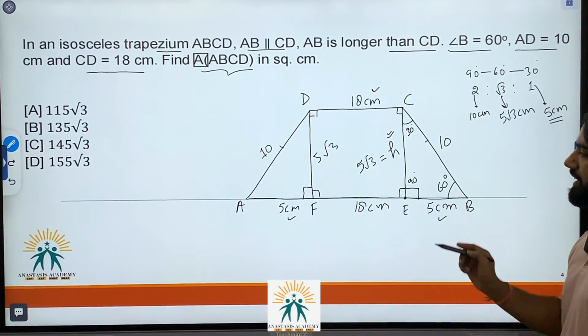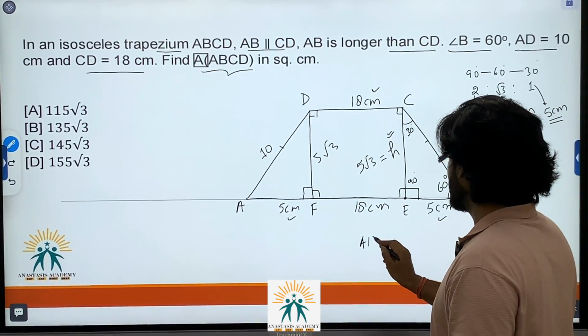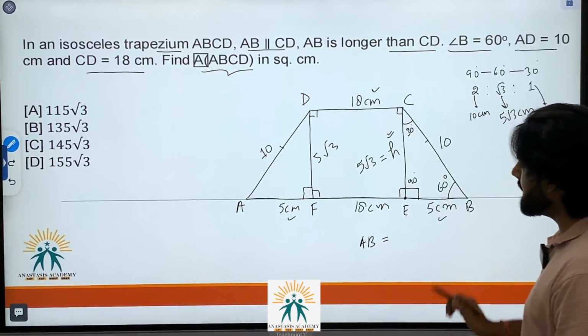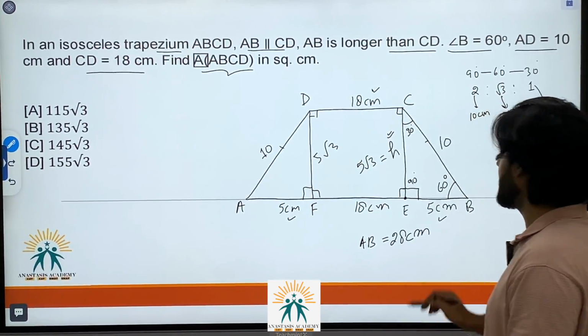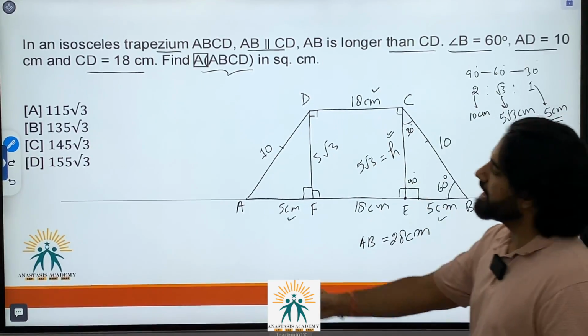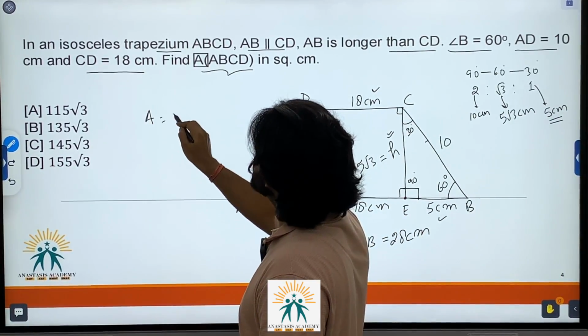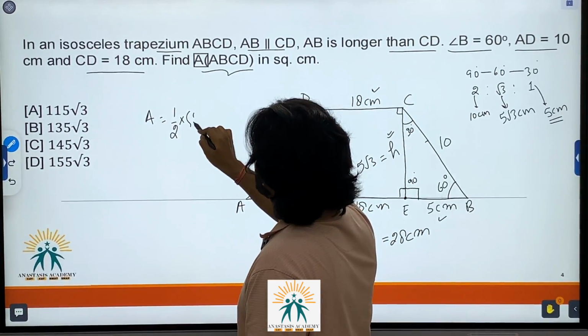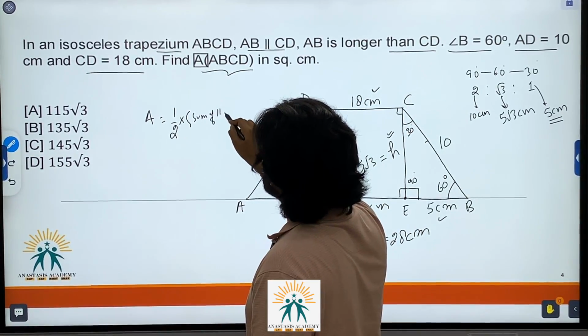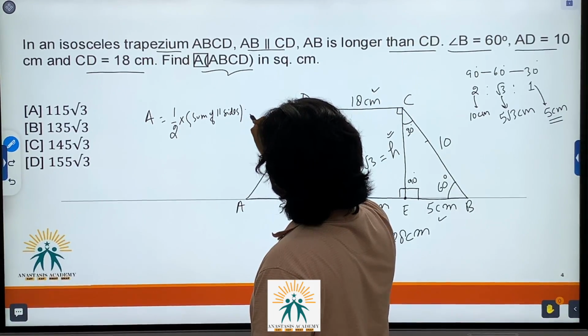So the length of side AB would be 5 plus 18 plus 5, which is 28 centimeters, right? The area of a trapezium is given by half into the sum of parallel sides into height.